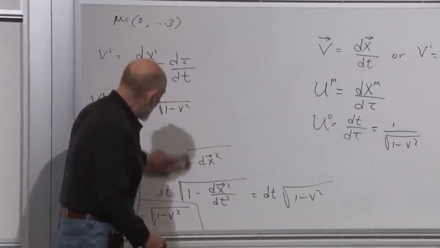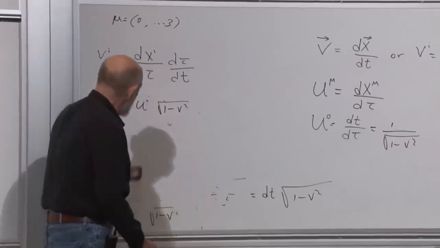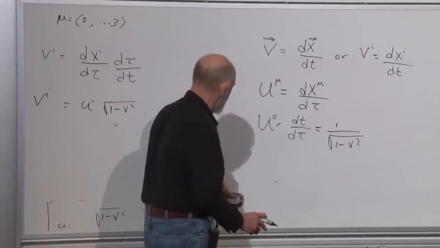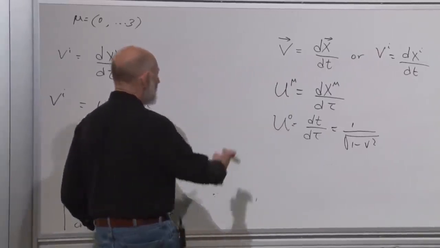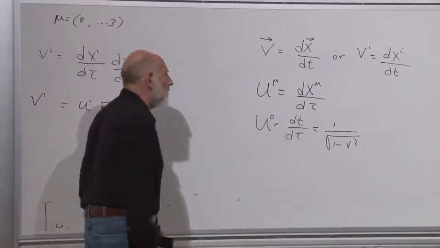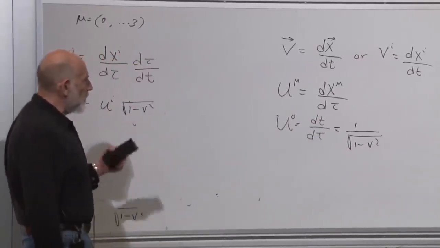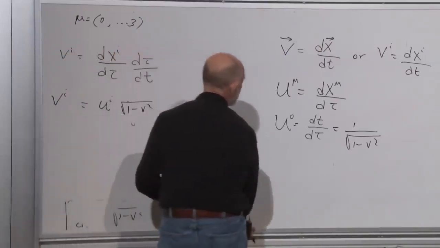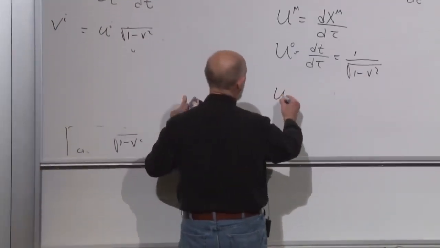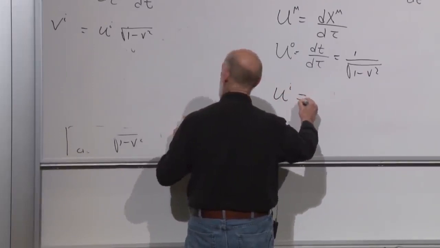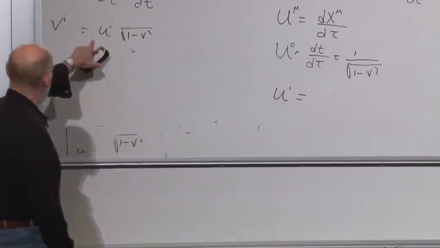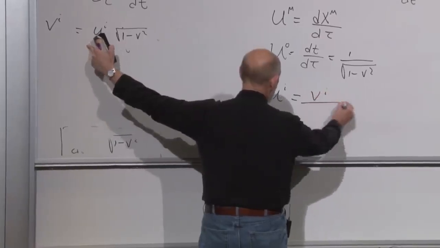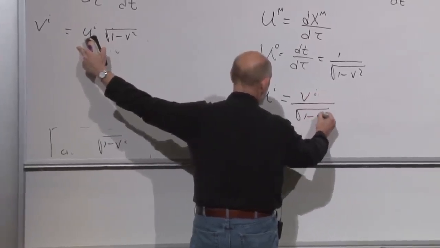So now we can assemble what is the meaning of the 4 velocity in terms of the normal velocity. First of all, u0, the time component of the 4 velocity, is just 1 over the square root of 1 minus v squared. What about the space component? u sub i, that we read off from here, is equal to v sub i divided by that same square root of 1 minus v squared.